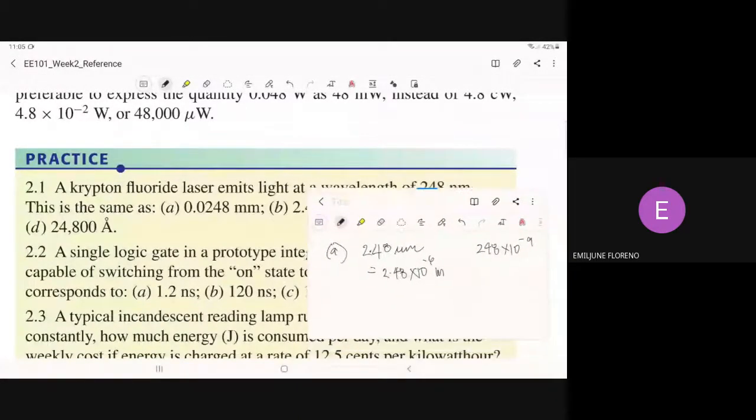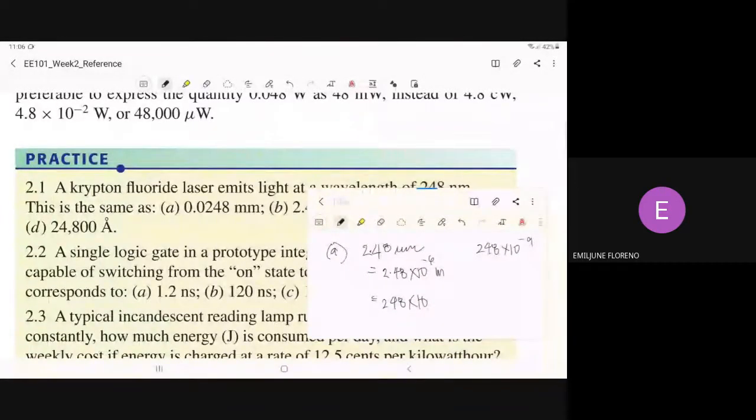So, kung ingani na siya, i-convert na to siya into 248 times 10 to the power of pila man? Okay, this is just basic conversion. I-convert nato na siya to meters, ang 2.48 times 10 to the power of negative 6.